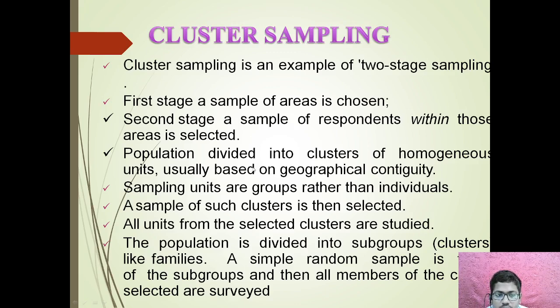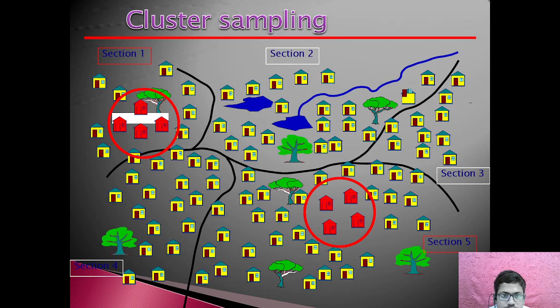Then in those pottery units, we can select based on the sizes of the pots or geographically how they are selling their pottery. Sampling units are groups rather than individuals. Then this sample is selected from the frame, that is subgroups like families.